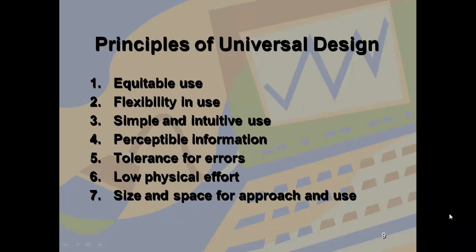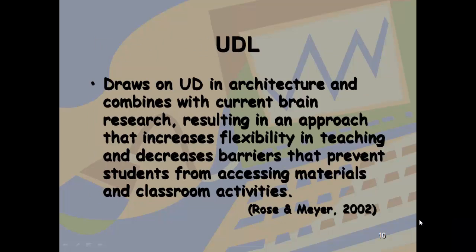So when we're talking about the actual universal design, we're talking about being available, flexible, simple and intuitive, being tolerant of errors, using low physical effort. Universal design does draw on architecture and brain research, and it increases flexibility and decreases barriers.